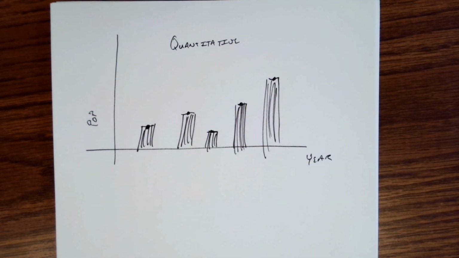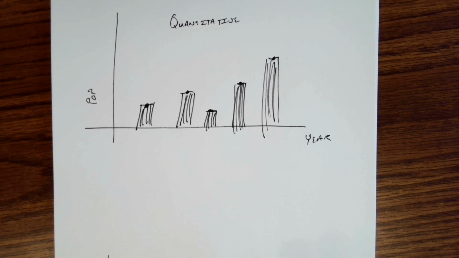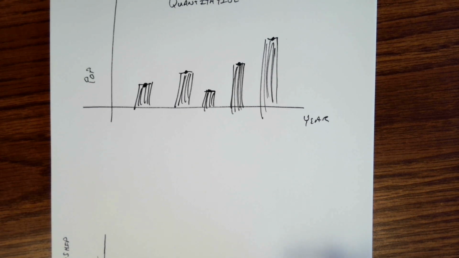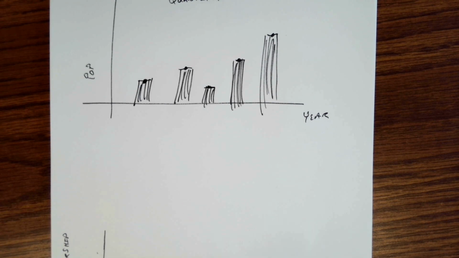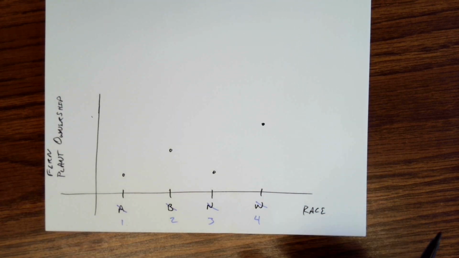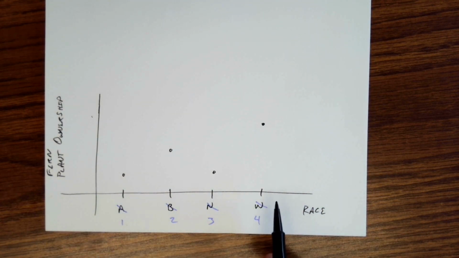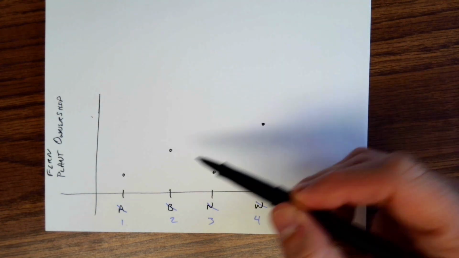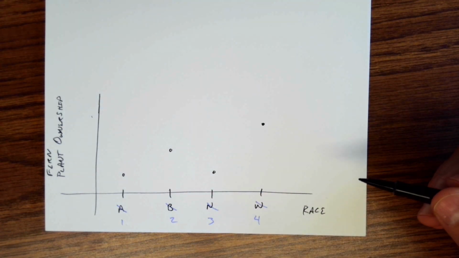All right. There are other things we do, like a pie chart or circle graph, however you want to describe that. I'm not terribly a big fan of those for lots of reasons, one of which is that you have to do a lot of pre-measurements and figuring out. For instance, in this case right here, we don't have any numbers attached to any of this. You can tell me that group 4 has the highest plant ownership, followed by group 2 having the second highest plant ownership.